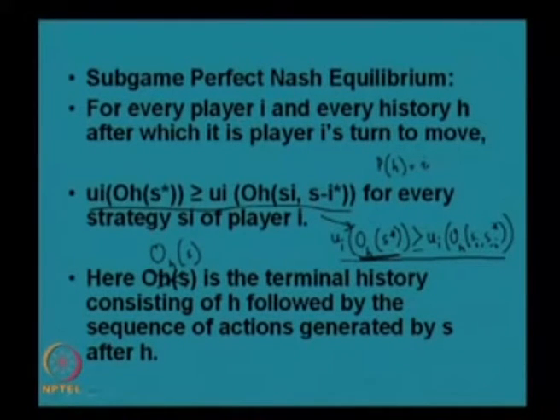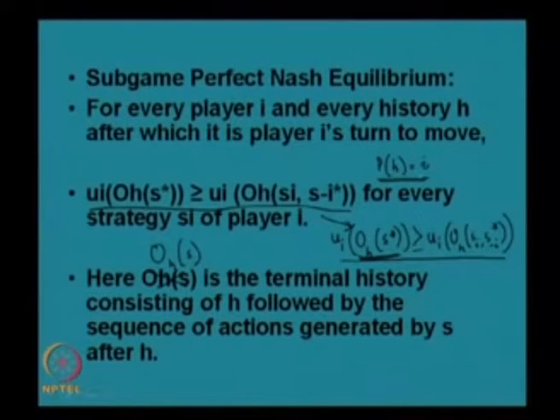I take any non-terminal history, not necessarily on the path of the equilibrium terminal history, which is important. I take any non-terminal history H, and after H has happened, it is player i's turn to move.